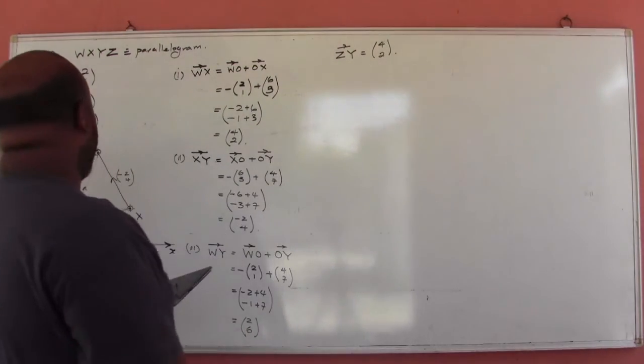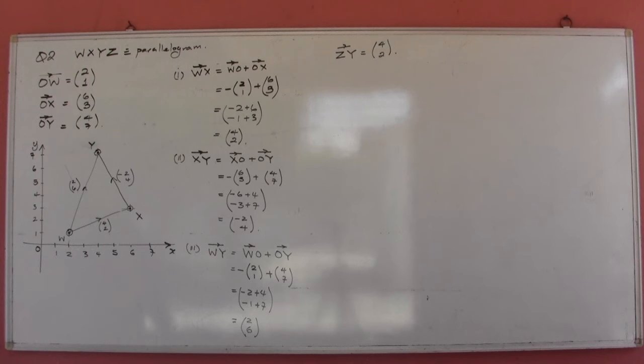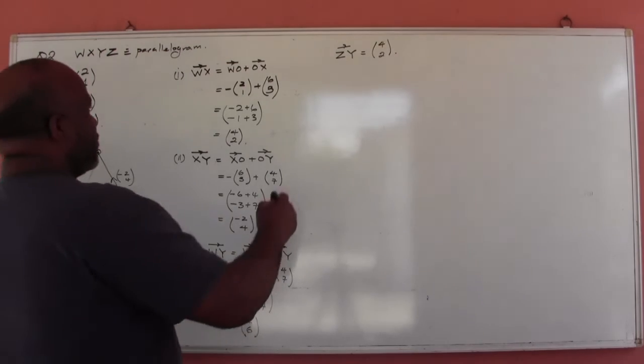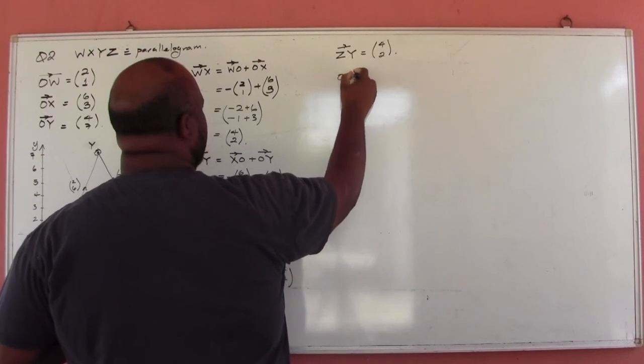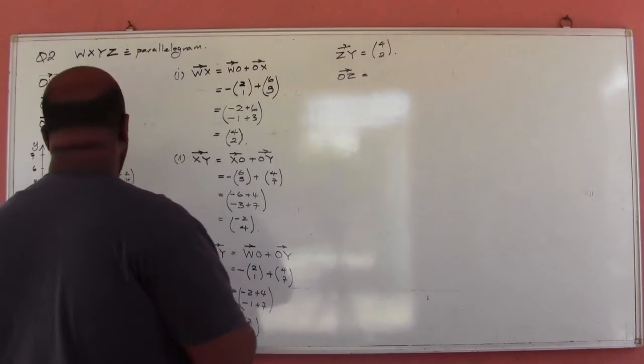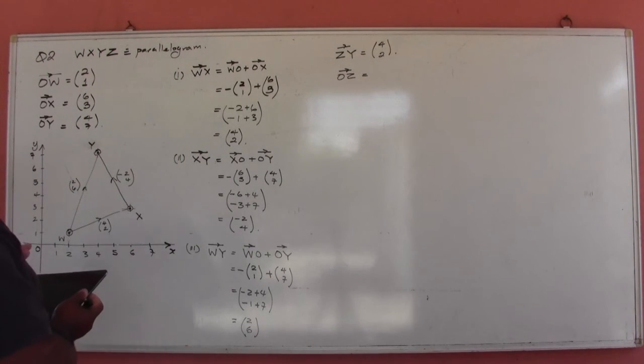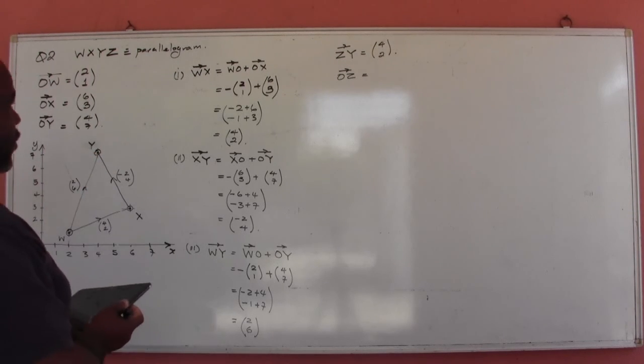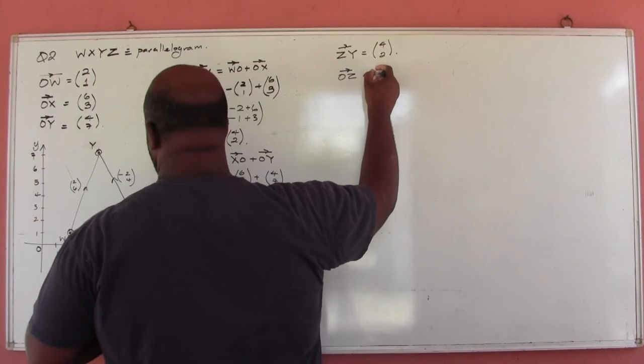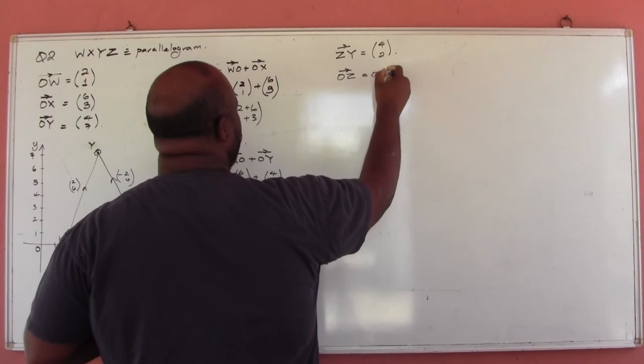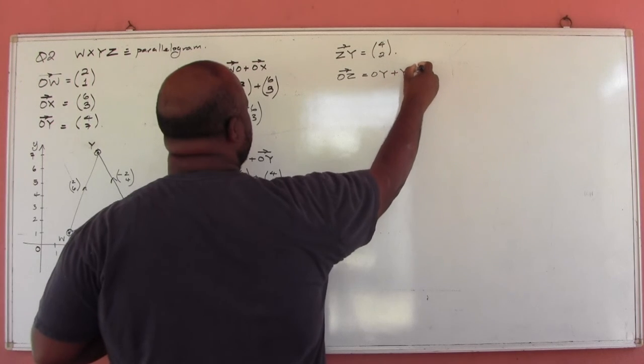Let's assume that that's going to help us. If I want to find OZ, OZ would be equal to OY plus YZ.